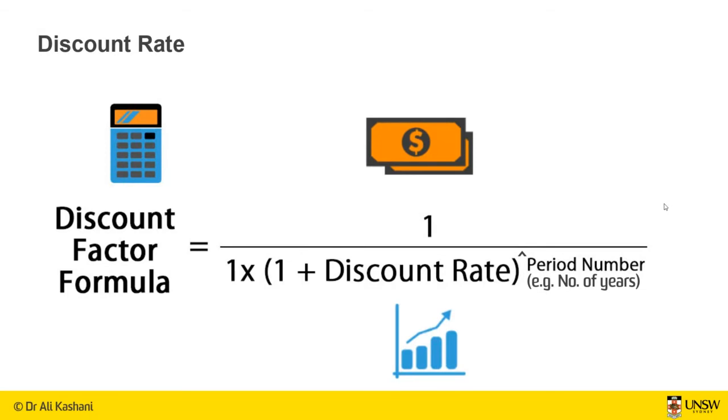You just use the discount rate in the formula that is shown on the screen, and the period numbers, normally the number of years. So for example, if your study period is 10 years, then you need to use that for each individual year, for example year 1, year 2, year 3, etc., in order to calculate the discount.